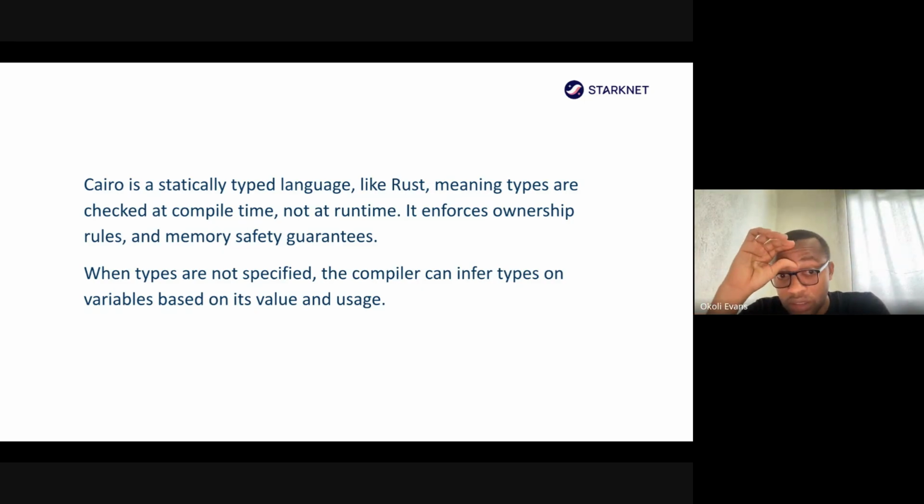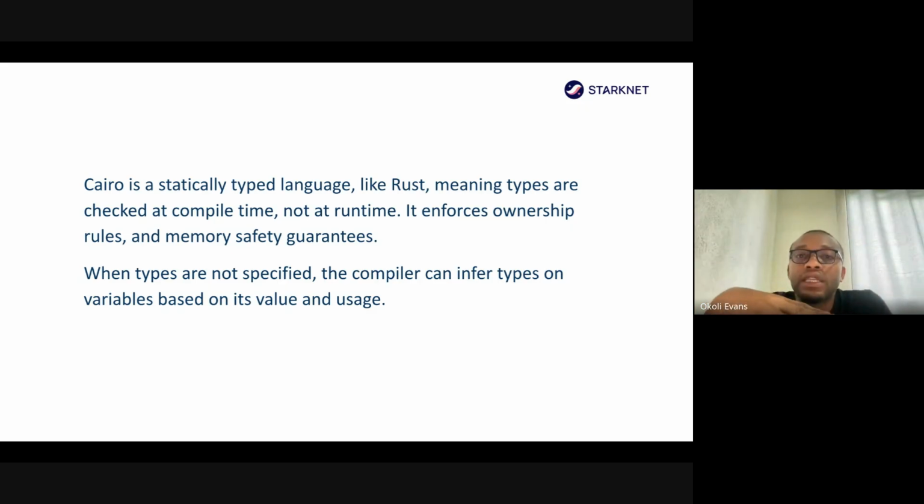What it means is that before the compiler can compile your code, it has to know the types of every variable that is passed to all areas of the code that have variables. It must know the type of each variable. So it also enforces ownership rules.